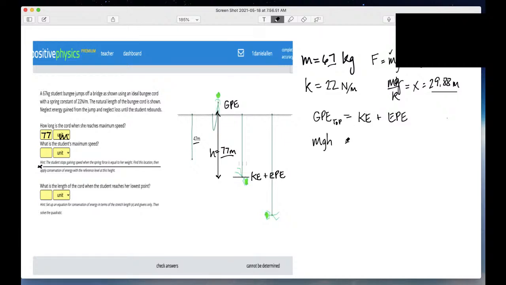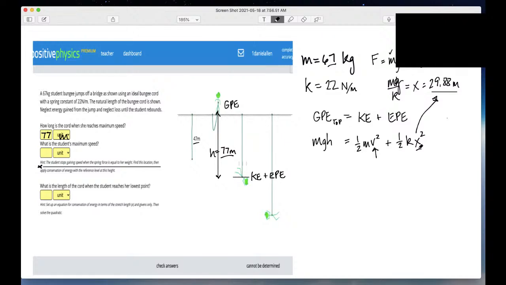And that's equal to 1/2 mv squared. This is our unknown, what we're trying to solve for. Plus 1/2 kx squared. Remember, x is not the total length, but the stretch, and the stretch is right here, 29.88. Make sure that's what we put in for x.